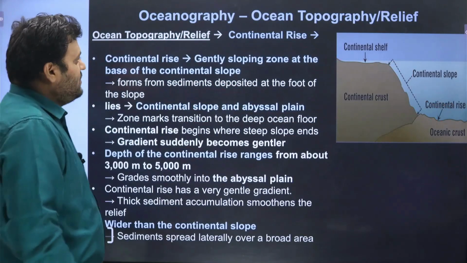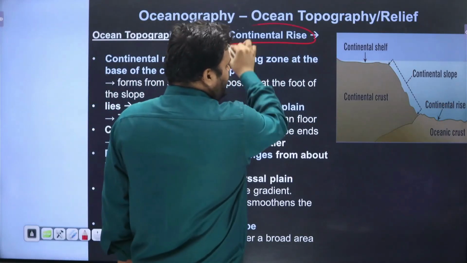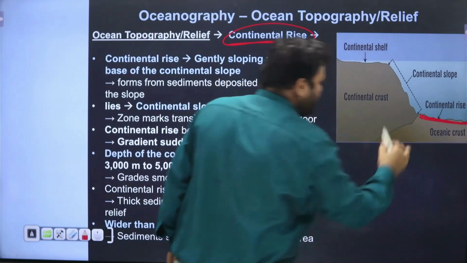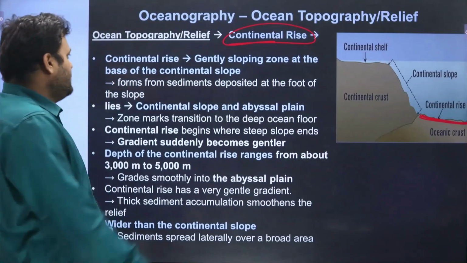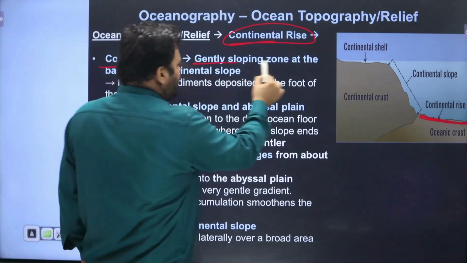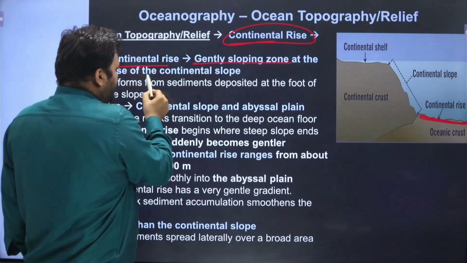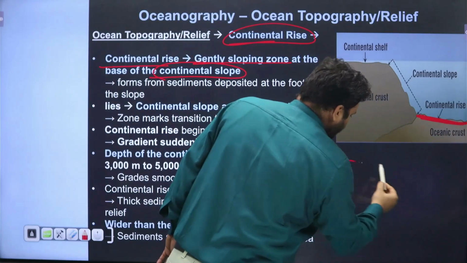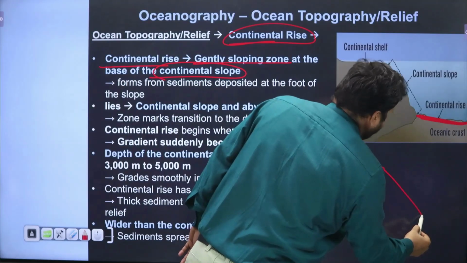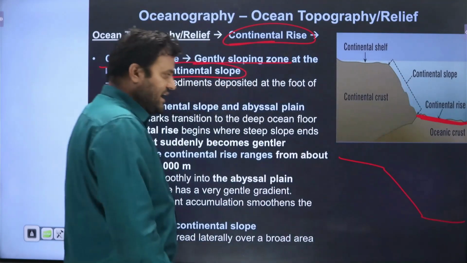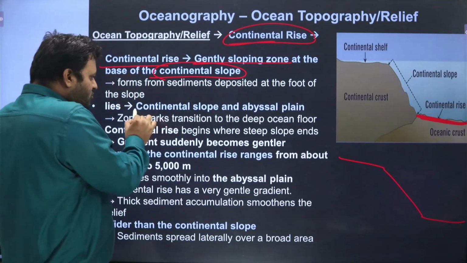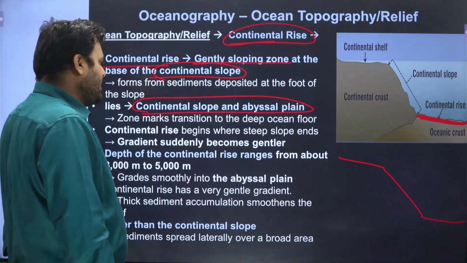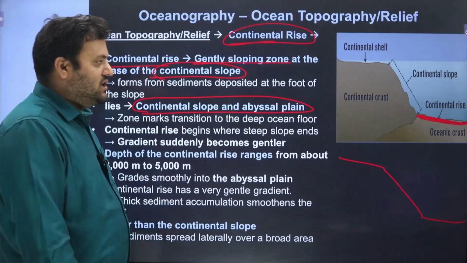Moving ahead, the continental rise. Here you can see the continental rise. The continental rise is a gentle slope at the base of the continental slope. So: shelf, slope, and rise. The continental rise lies between the abyssal plain and the continental slope.